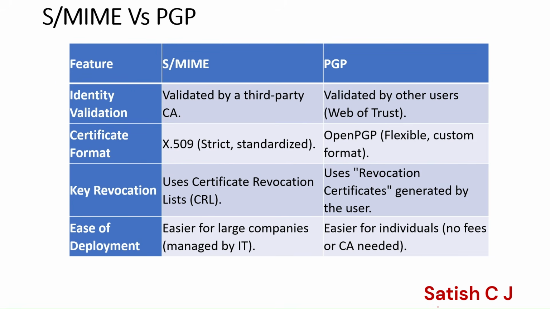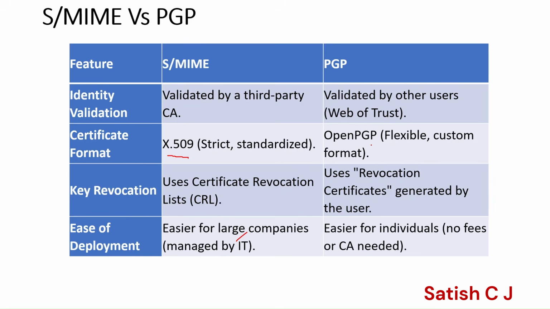More comparison: SMIME is validated by a third party certificate authority. So the certificate authority issues the digital certificate after validation. Here, when it comes to validation, the keys are validated by other users. When it comes to certificate format, we strictly use the X.509 standardized format.